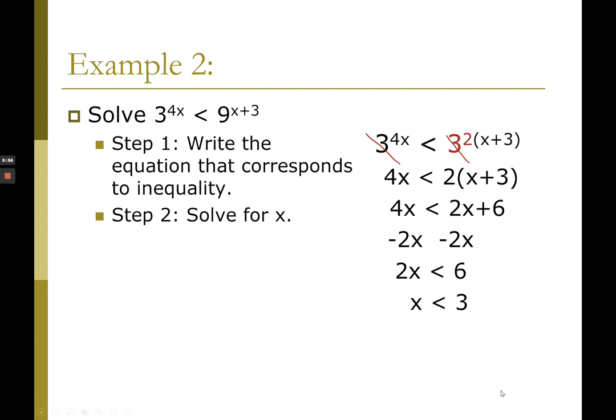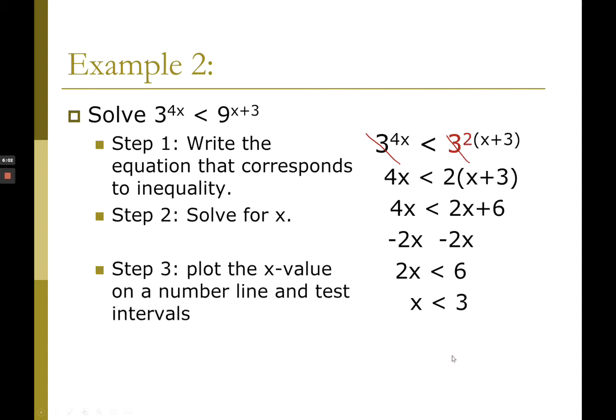And now we're ready to show in graphing form on a real number line what the solutions are. You have to plot your x values on a number line, so you can just write 3 underneath in the middle. Since there is no equal sign, we will just use an unshaded circle. And since it says here x is less than 3, wherever the pointy end is, it's the smaller number.